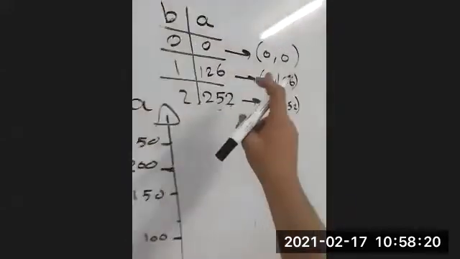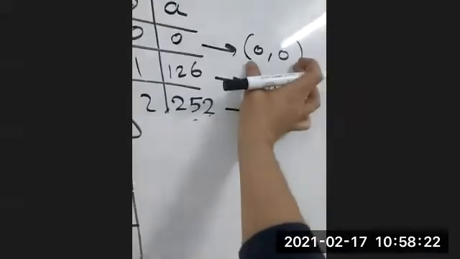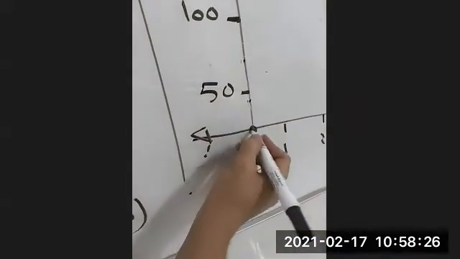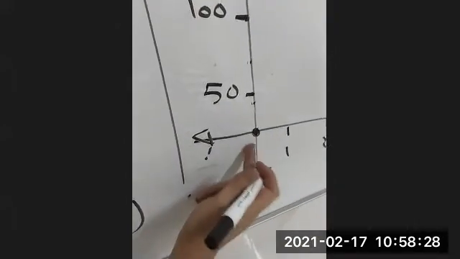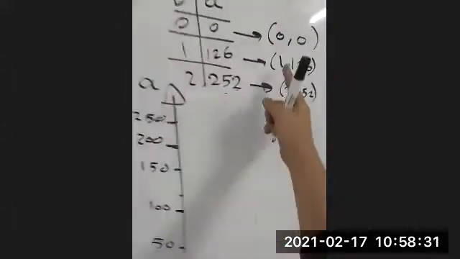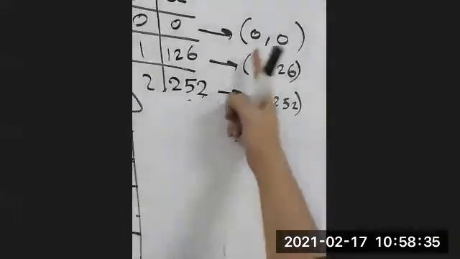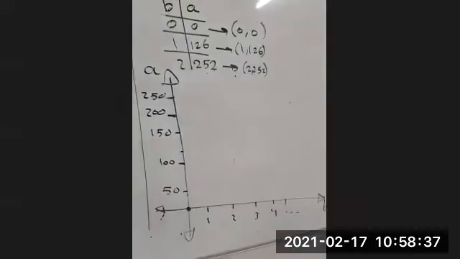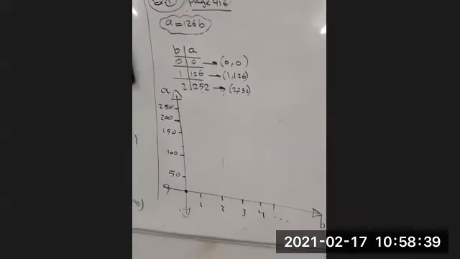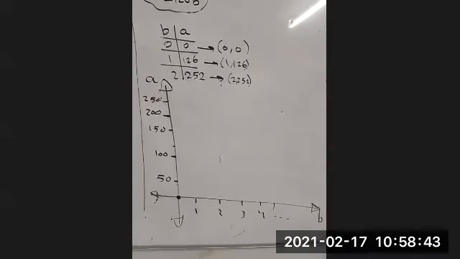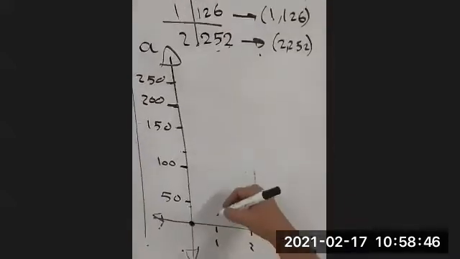Now 0, 0, let's graph the first point, 0 and 0. It is the origin here. This one. Now, the other one is 1 and 126. Mr. Abdul Hamid, how will we graph this point? We will search for the 1 in B. This is 1. Okay.